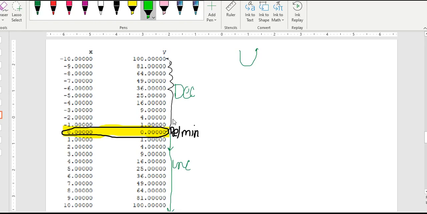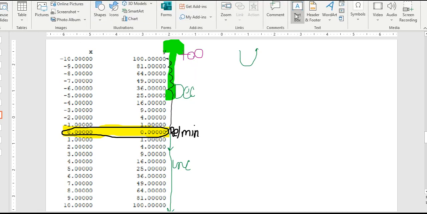So looking at the pattern, 25, 36, 49, 64, 81, 100. As these y values in the table go up, they are increasing, so they are going to go towards positive infinity.